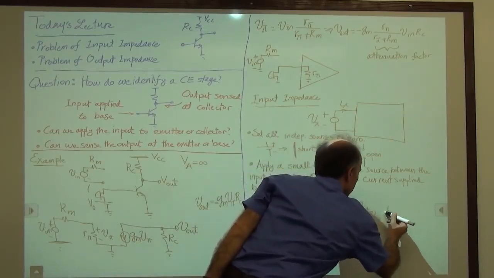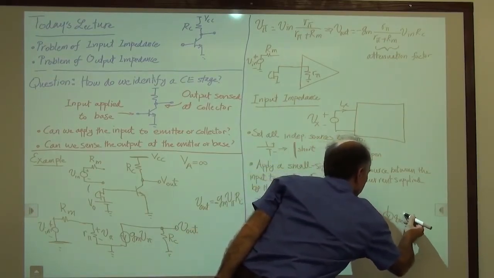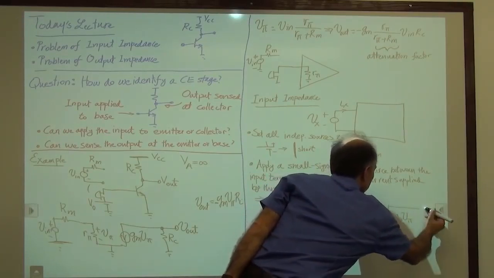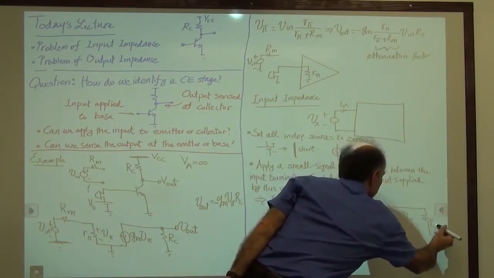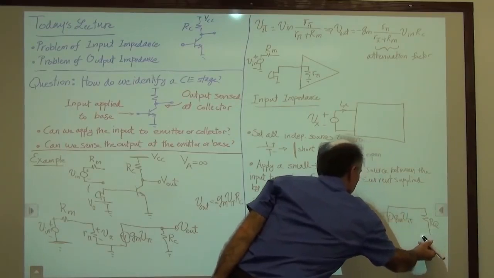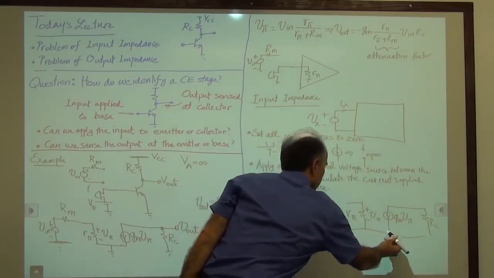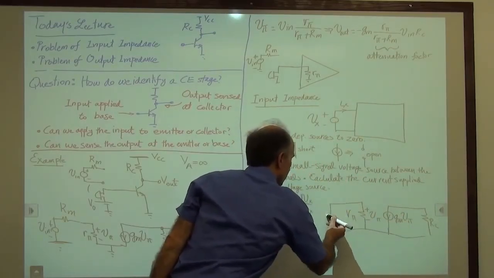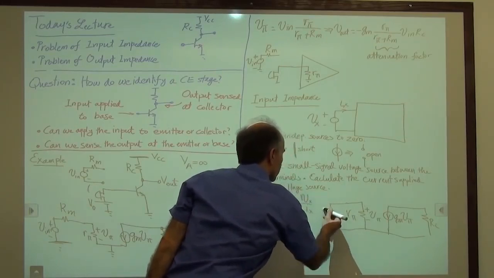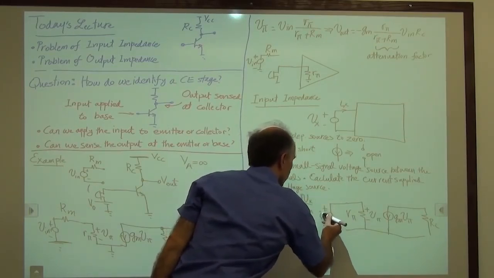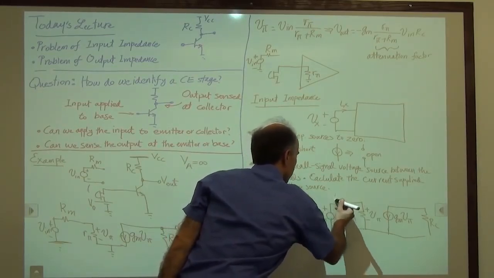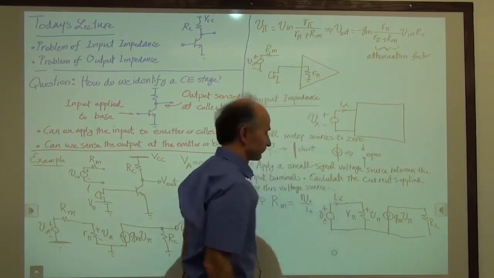Then we have gm V pi. Then we have RC. Now these are all connected together. We can connect them, we don't have to connect them. Remember, we can always use ground to represent these things. And we apply Vx here and measure Ix here.